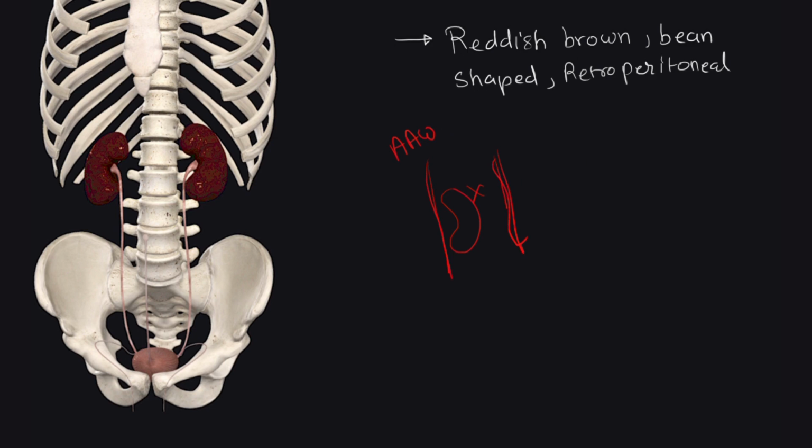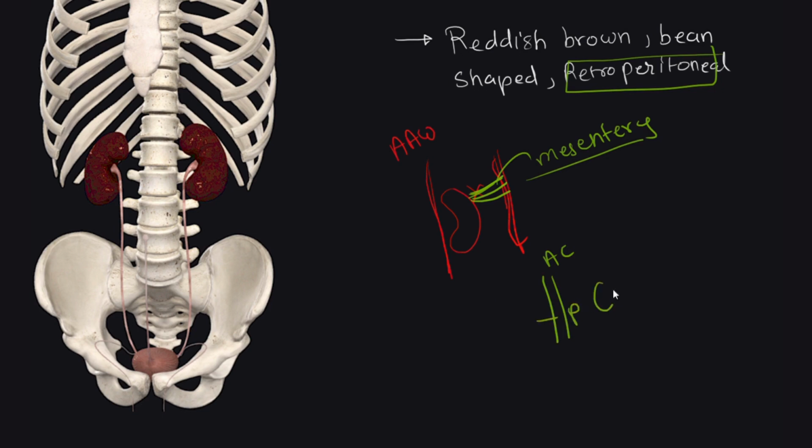The organ is attached to the posterior abdominal wall by means of a mesentery. So we can say that these organs are intraperitoneal and are covered by the peritoneum. However, retroperitoneal organs are situated behind the peritoneum, and do not really have a mesentery.